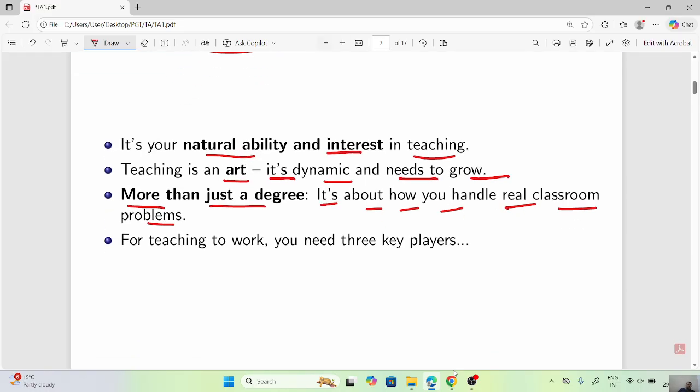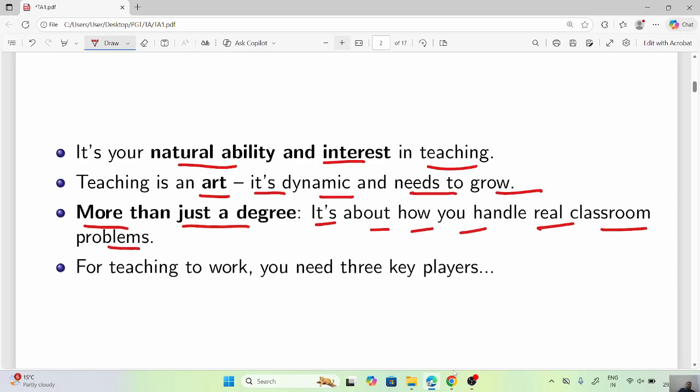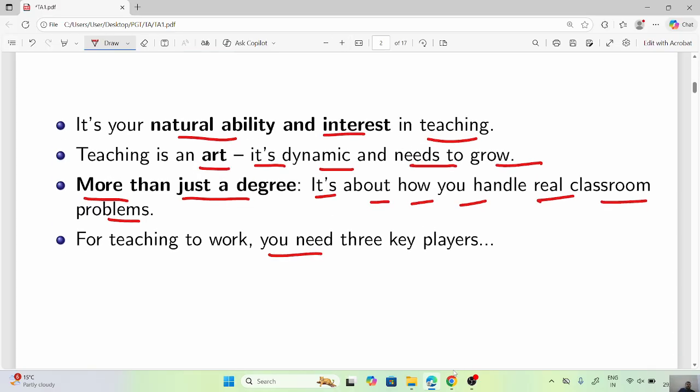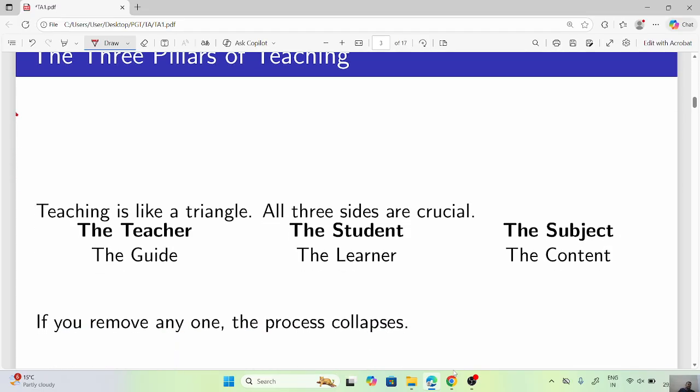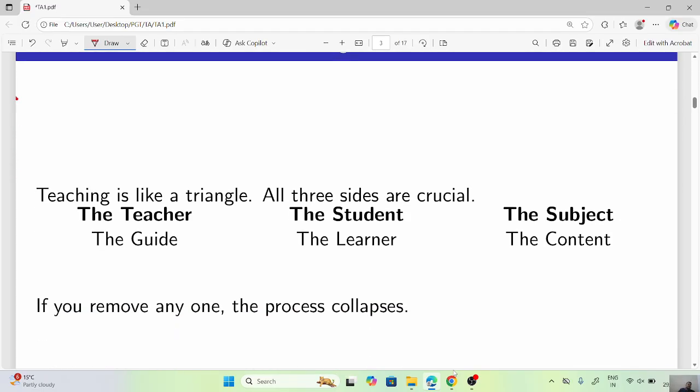Now next, for teaching to work, you need three key players. First of all, the three pillars of teaching. First one is the teacher, second one is the student, and third, the most important, is the crucial role of the subject.